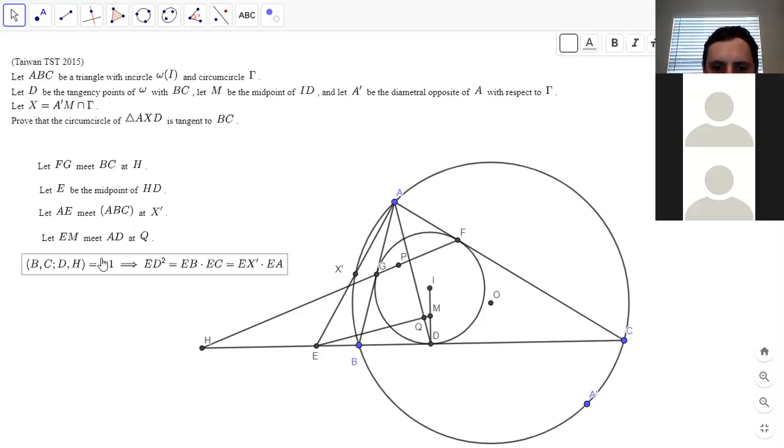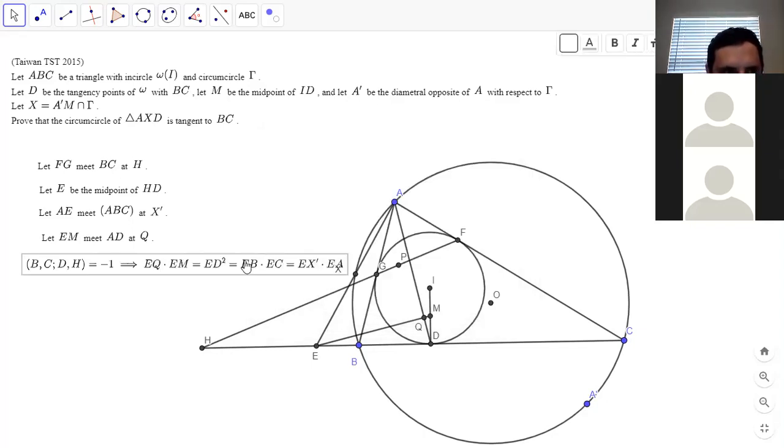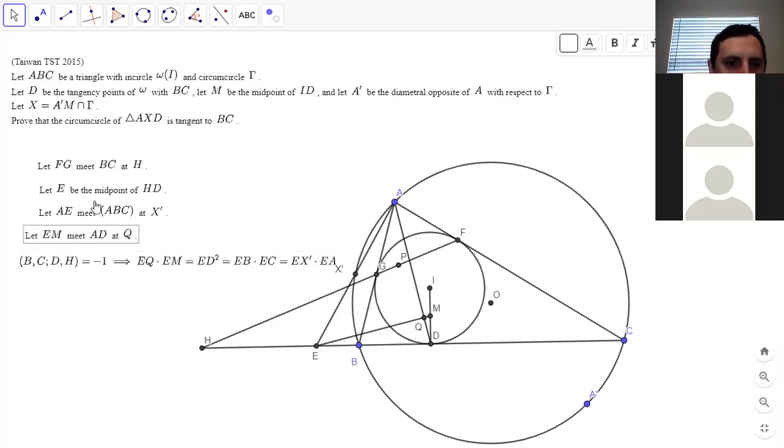So we have EQ times EM. We're using that AD and EM are perpendicular, and that's true because EM is parallel to IH, and IH is perpendicular to AD by poles and polars, I'm guessing.